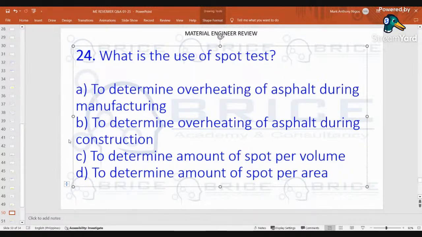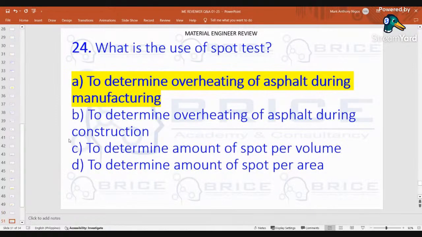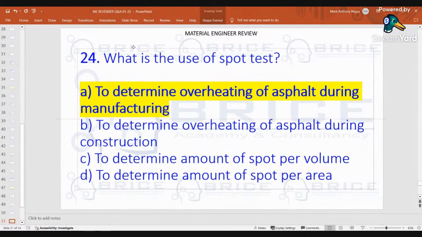Answer is A. To determine overheating of asphalt during manufacturing. What is the use of spot test? Answer is to determine overheating of asphalt during manufacturing.